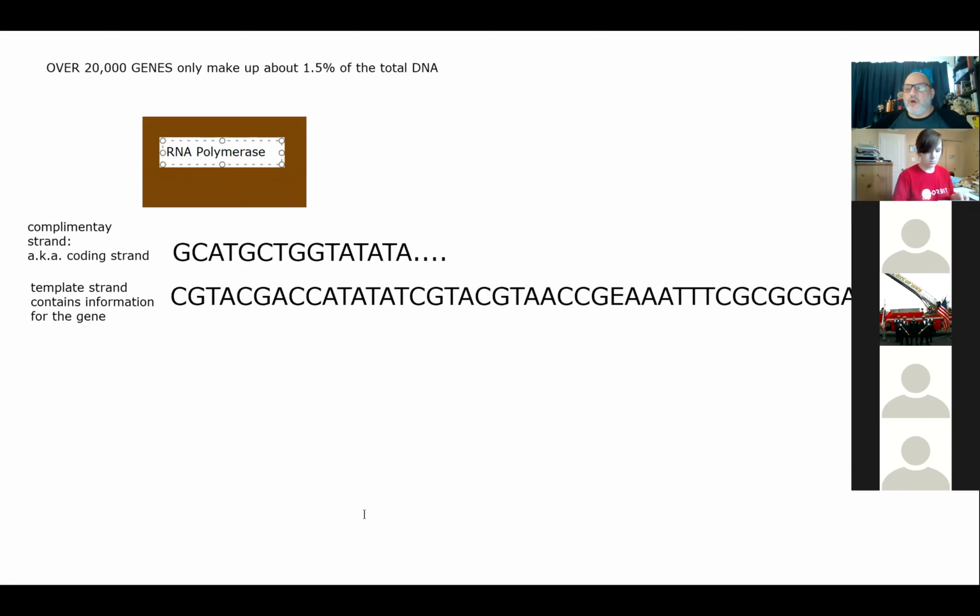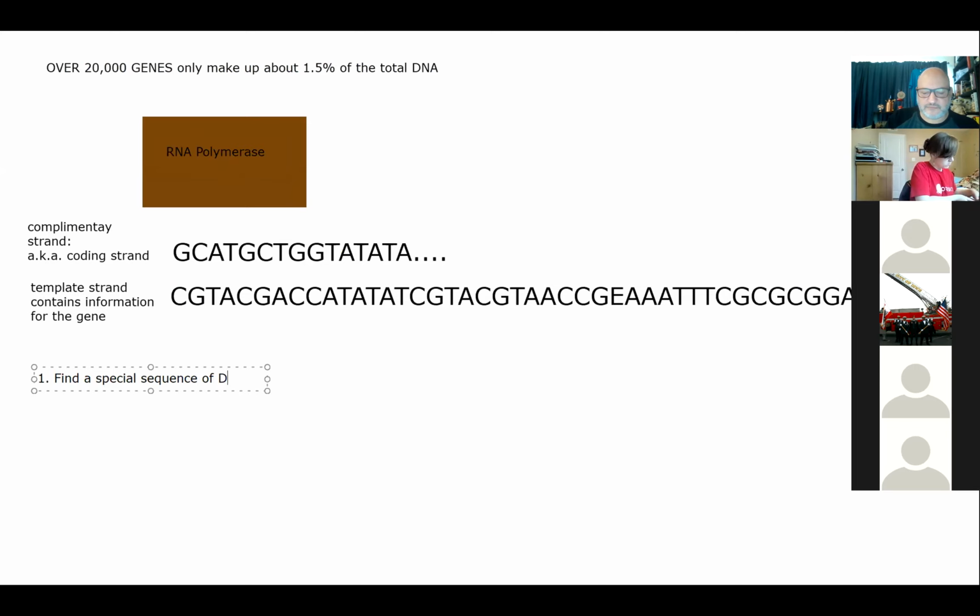And so we don't just want it starting at any old point. So the first step in transcription is a process we call initiation. And that step of initiation is where we have to find a special sequence of DNA known as a promoter region.